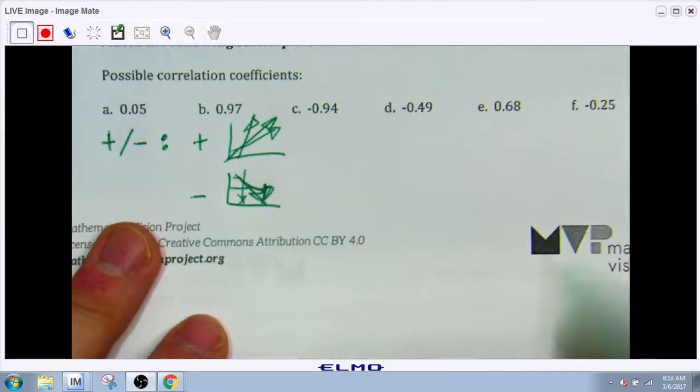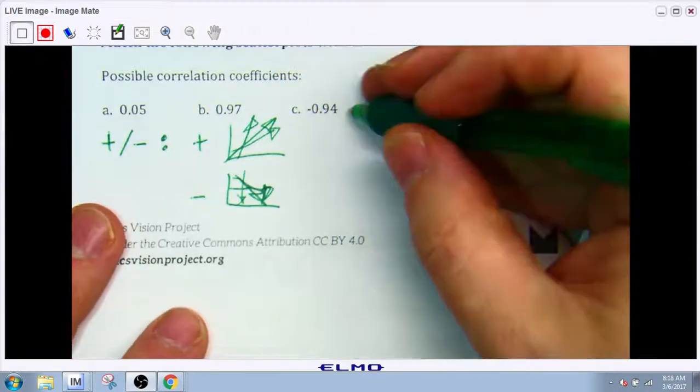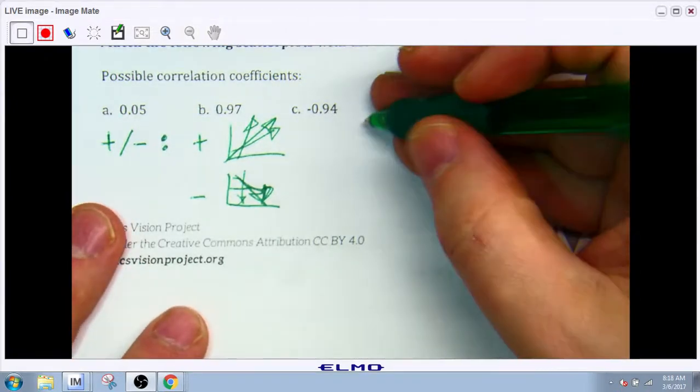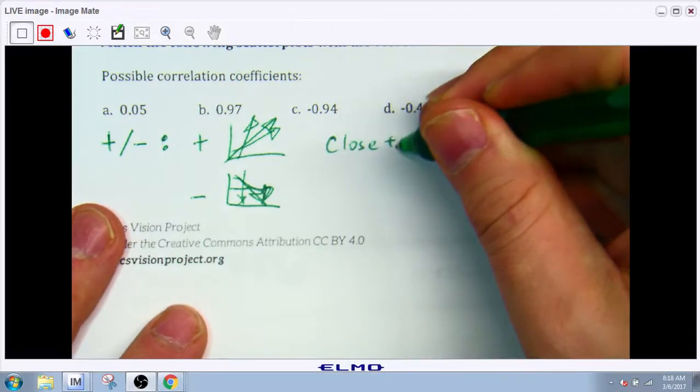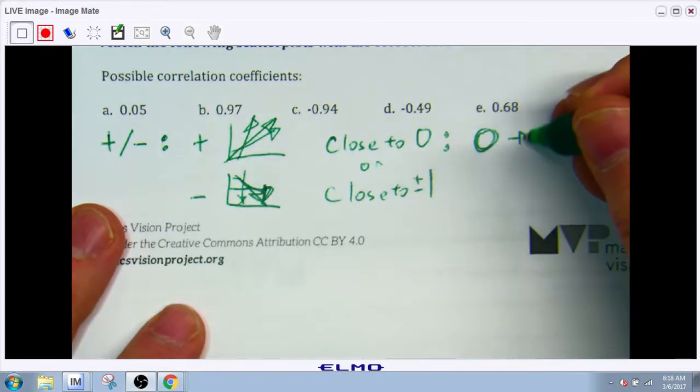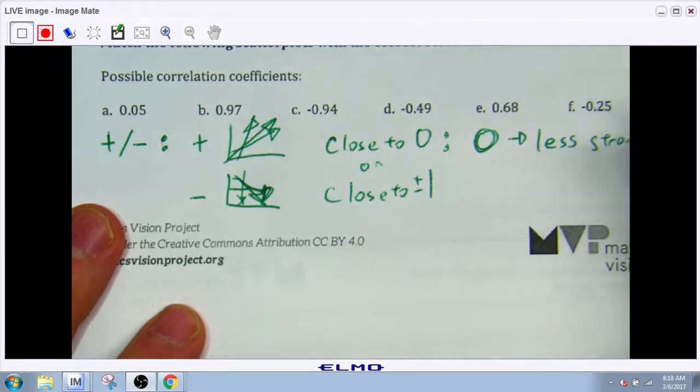The other thing we are looking at is whether it is close to 0 or close to positive or negative 1. If it's closer to 0, this is a less strong correlation, or you might say weak correlation.